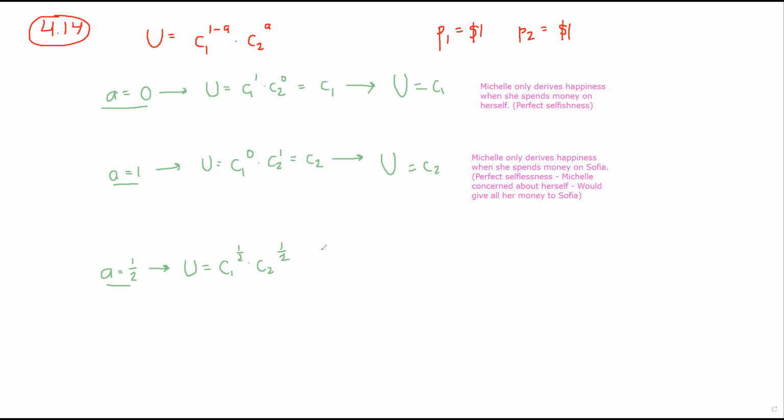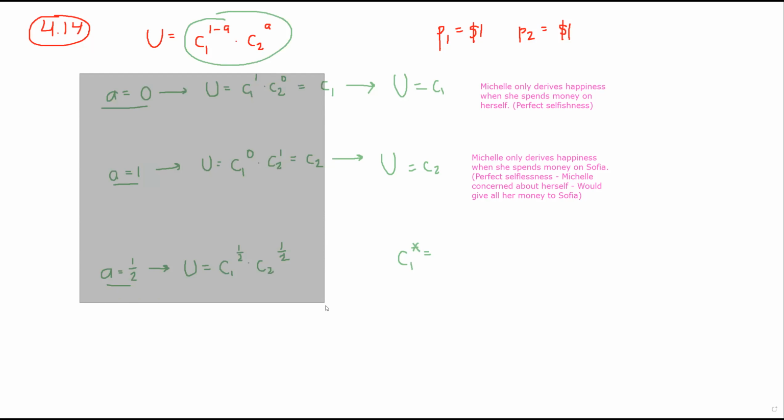Okay. Toggling back over to the book. Solve for Michelle's optimal choices and demonstrate how they change with A. The nice thing is this is still a Cobb-Douglas. So optimal choices, C1 star equals. We're going back to using this guy. So these are all gone now. We don't actually have to use these anymore.